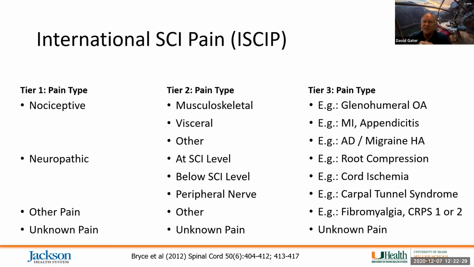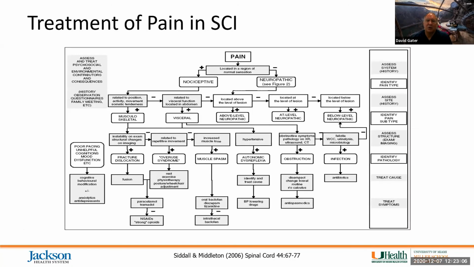And then tier 3 has to do with more specifics within the pain type. So is it glenohumeral osteoarthritis if it's nociceptive? Is it myocardial infarction or appendicitis from a visceral origin? If it's neuropathic at the spinal cord injury level, is that nerve root compression or damage? If it's below, is there something happening with regard to ischemia? Is there a tethered cord contributing to this? So this is the current classification system that we're all working with.